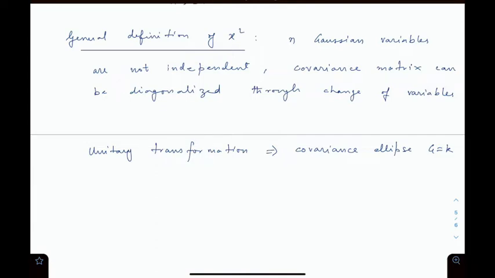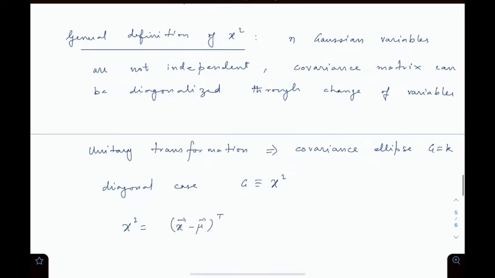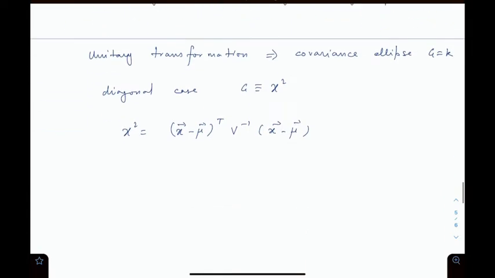And in the diagonal case, G is simply chi-square. So therefore, in the correlated case also, chi-square should correspond to G. So we can take chi-square equals x minus mu transpose V inverse x minus mu as the general definition for the random variable chi-square.